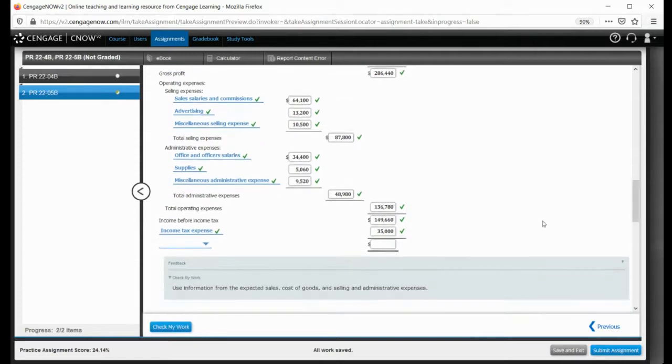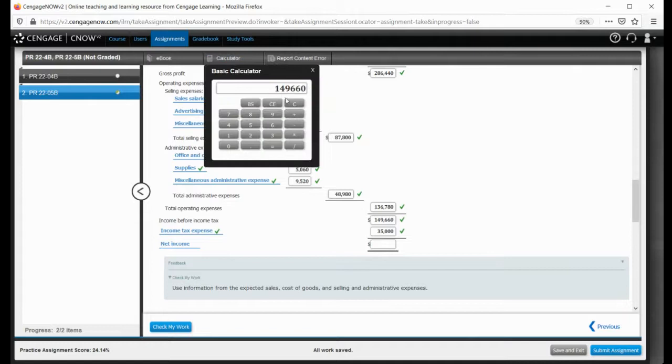Then you're going to subtract the difference between the income tax and the income before tax, and that's going to give you the amount of your net income. So I'm going to back out 35,000 from my income before income tax, and the amount will be 114,660.